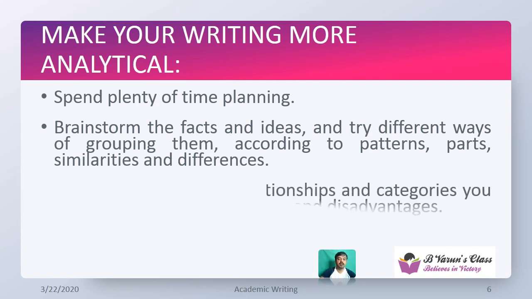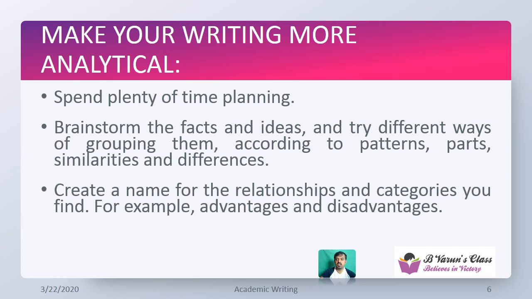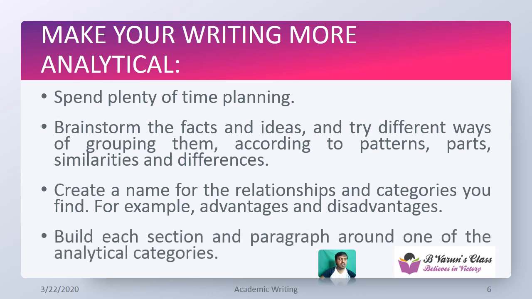Third, create the relationships between the categories. For example, we can create a group called advantages or disadvantages, types, charts, etc. The last stage, build each section and paragraph around one of the analytical categories. What are the groupings we have found? All these things are put into separate analytical categories.